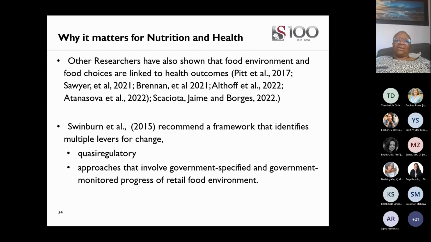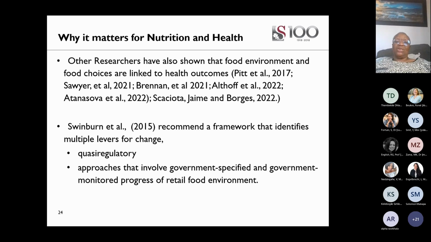So Swinburne recommend, based on all this evidence shown by these researchers, a framework to try and intervene on the food environment, that the framework must be at different levels, quasi-regulatory, and also including approaches that involve government-specified and government-monitored programs of retail food environment.